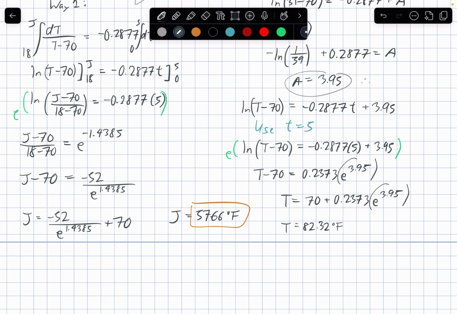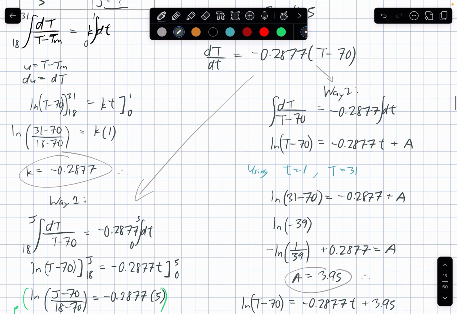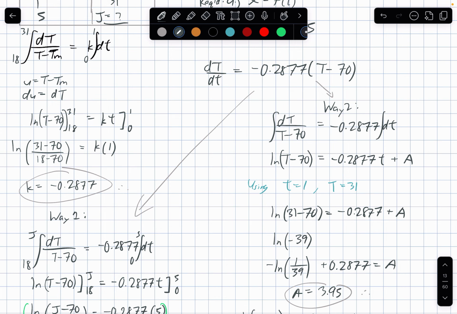Okay, why is the answer different? Oh no. Let me see if I did the manual solving correctly. Let's shift solve this one. Okay, nothing's wrong. Maybe it's the A value. What happened?